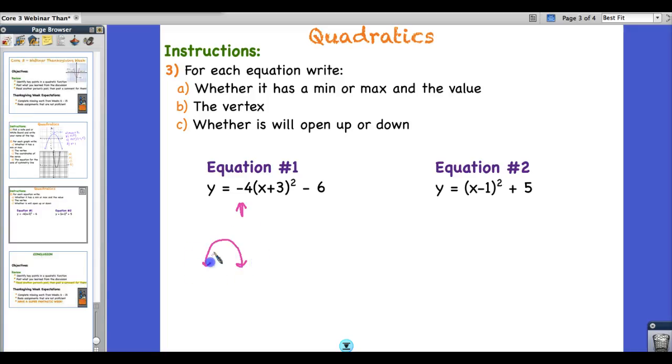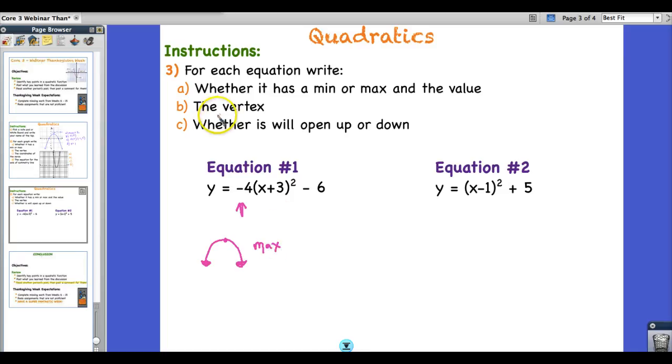It's going to open down because it means it reflected. Well, if something opens down, does that have a minimum or maximum? Maximum. Oh, very good. So it definitely has a maximum. Okay, so good job.